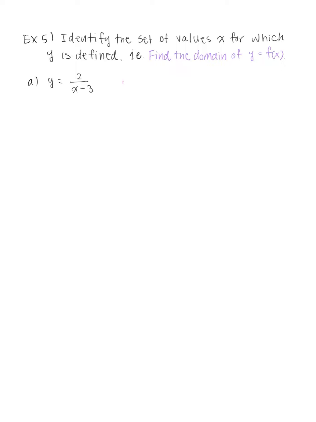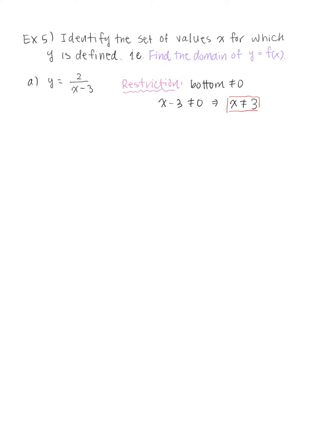So here, our restriction is that the bottom cannot be 0, which means that x minus 3 cannot be 0. Now let's solve for x then. So adding 3 to both sides, then what are we going to get? x cannot be 3. So this is the only restriction.